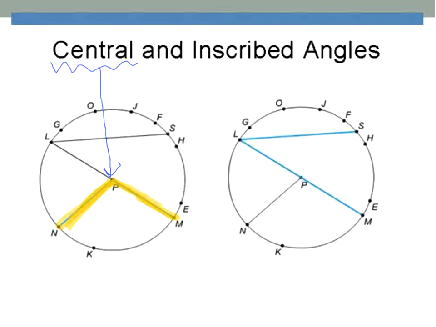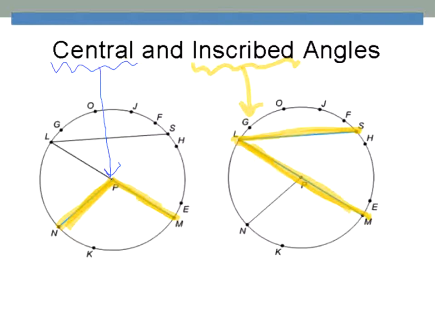But right now, since yours is not in color, we're just going to make that central angle really big and bold with our pencil. An inscribed angle, on the other hand, is like the one on the right. Can you make that one really big and bold, please?